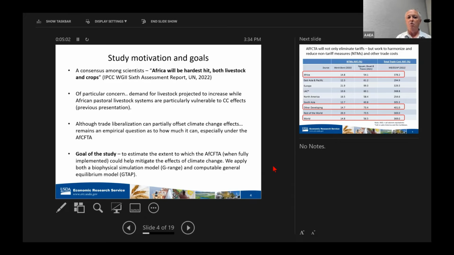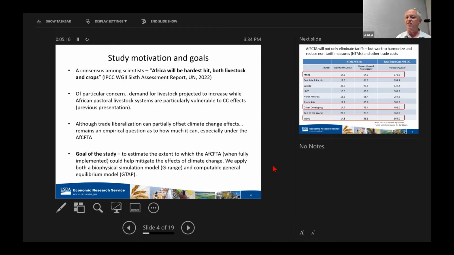And although trade liberalization can partially offset these effects, and we hope to show some of this with the AfCFTA, it's really an empirical question as to how much, and how good this modeling work will be to get us closer to those projections.